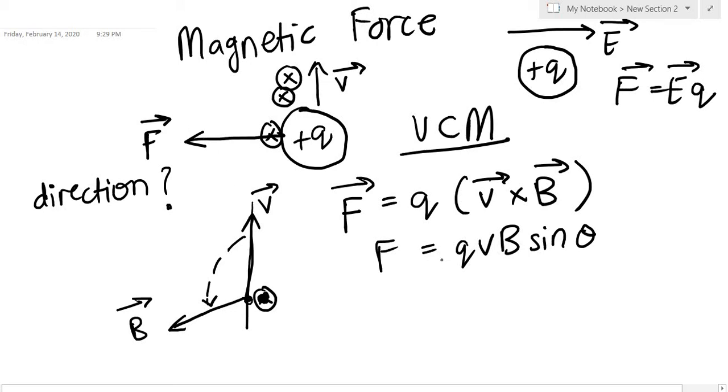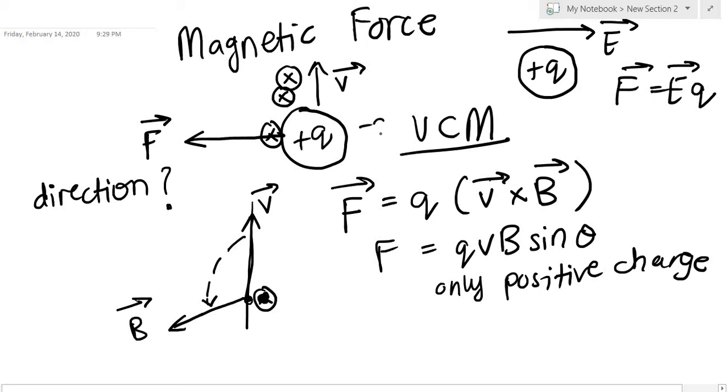But let me remind you that this direction that you obtain by doing the cross product properly is only for the positive charge, because a negative charge would experience a force in the opposite direction.